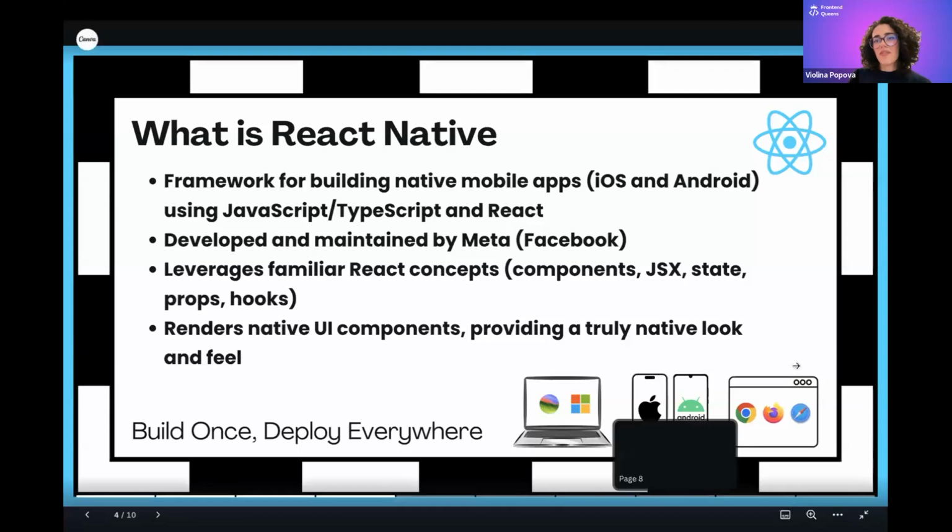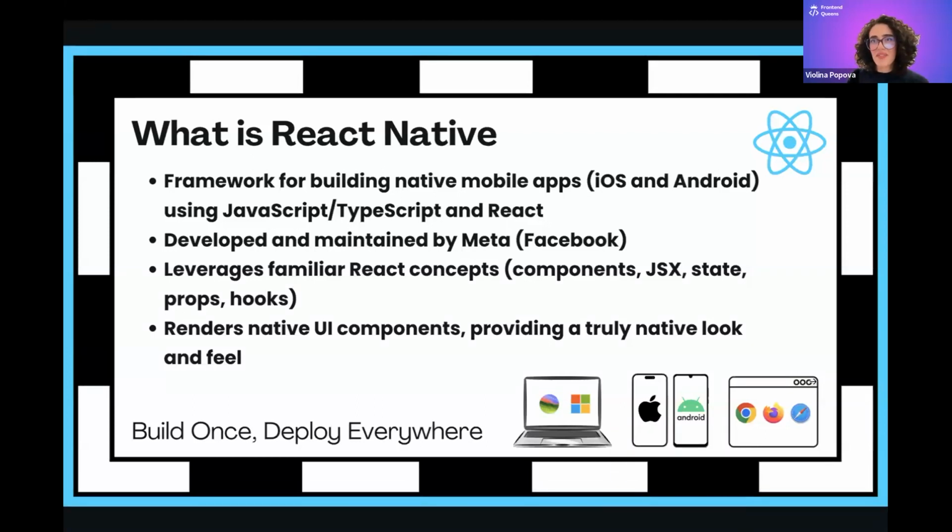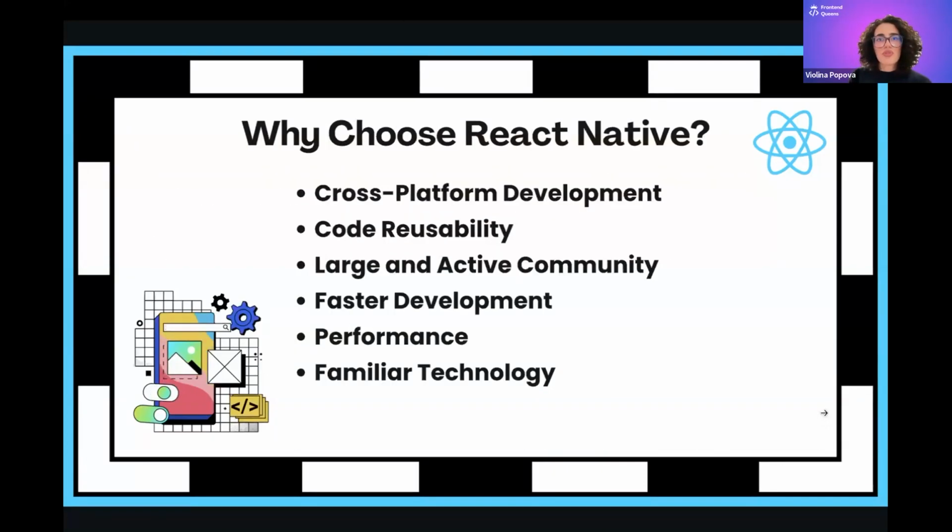Now that we have an understanding of what React Native is, let's talk about why you might choose to use it for your mobile development projects. First and foremost, this is a big one: cross-platform development.